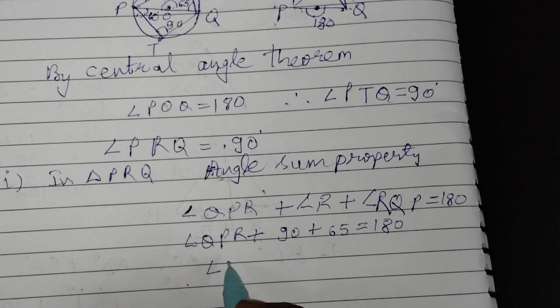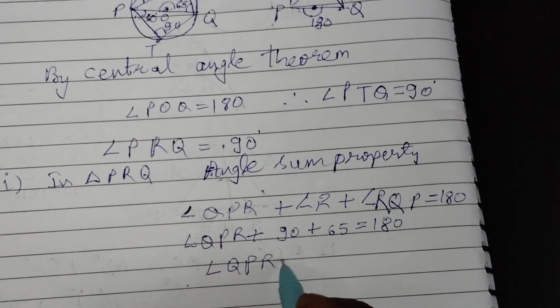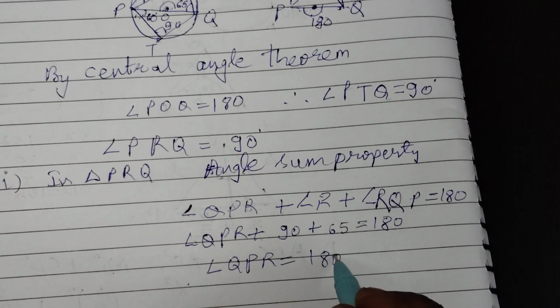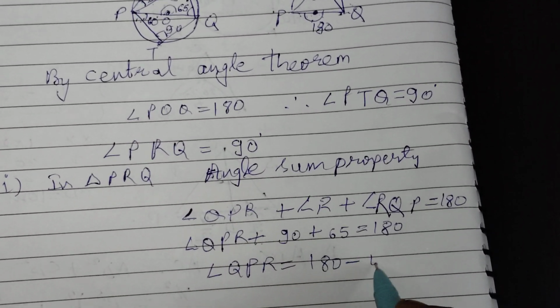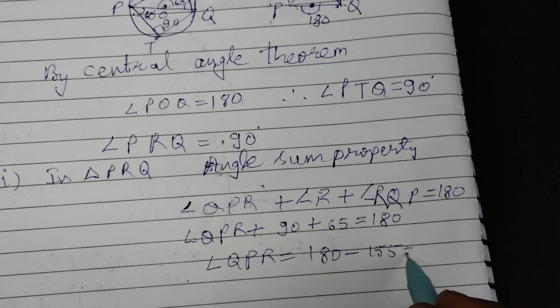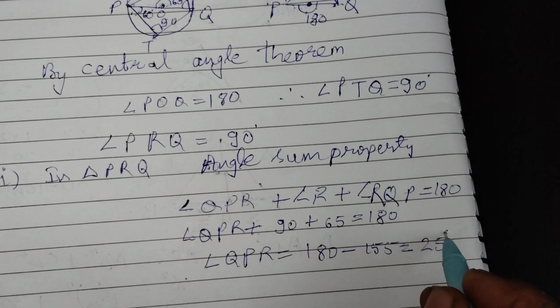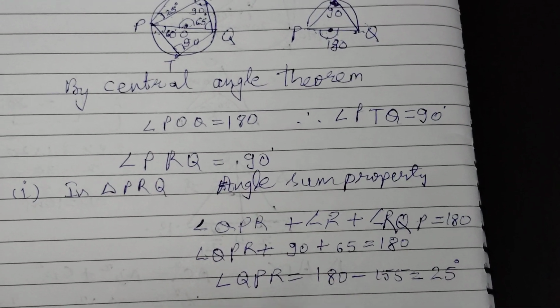So angle QPR is 180 minus the sum of 90 and 65, which is 155. So 180 minus 155 gives us 25 degrees. So the first answer is 25 degrees.